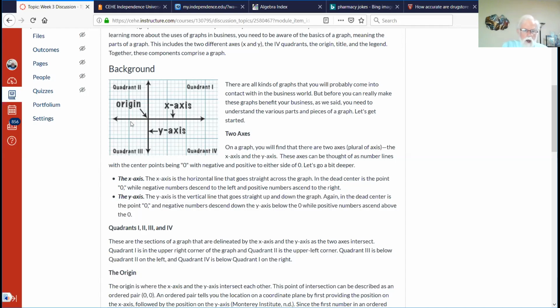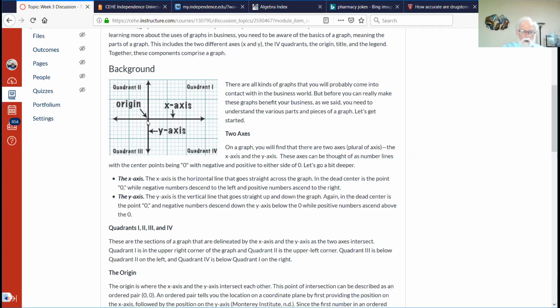But every graph has an origin, a 0 point. Many of your business graphs will just use this quadrant right here. We call this a quadrant because there are 4 of them. Anytime you take 2 lines and bisect them or link them together, you have set out 4 different areas on that page.